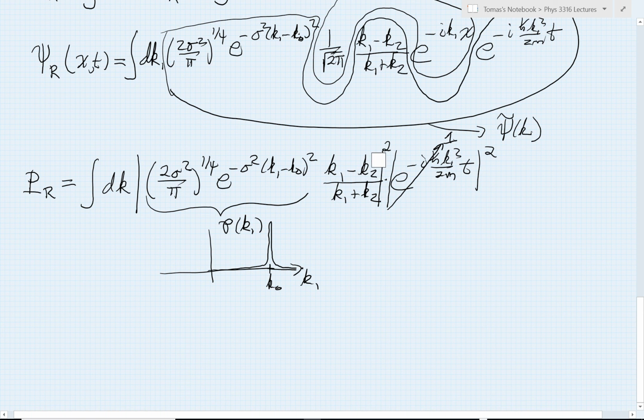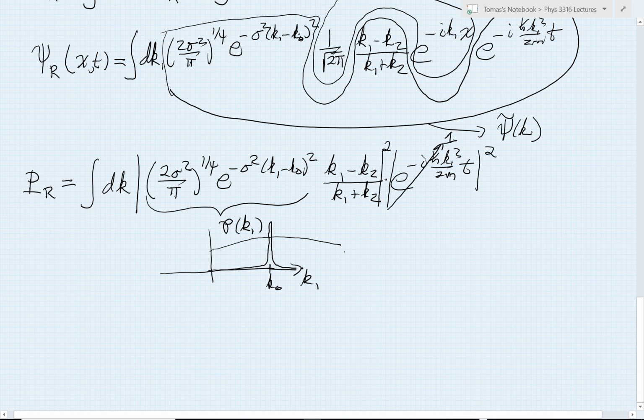So I'm really trying to sample what's happening in the close vicinity of this k0. This other piece of my function, what I'd like you to notice about it is that this is not a particularly peaked function. It's just some (k − k)/(k + k). This piece is going to be a very smooth type of function if I've done my experimental design properly to make it very tightly focused. And you guys have been with me through this kind of thing before. This looks like how we do an integral with a delta function.